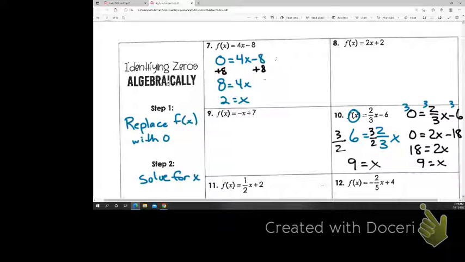And then the ones that are marked out here, at the bottom, they are marked out because, one, it says do it using the graphing calculator, and we're not going to do that right now. The other is because once we get into about week 6, I think it is, we will know how to factor.